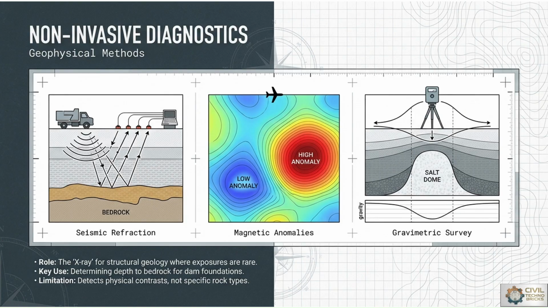So in geophysical methods, seismic refraction in the first case, then magnetic anomalies in the second case, and gravimetric survey in the third case. Seismic refraction, where a single vehicle is there, that vehicle playing the role of rover with reference to GPS and GIS connection, and at the same time we are the users who assign the query based on that vehicle which is moving on the surface of the earth.